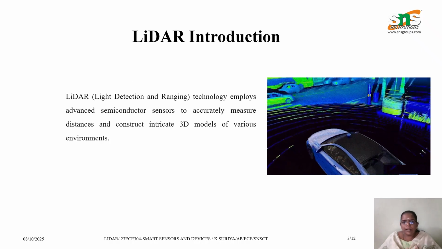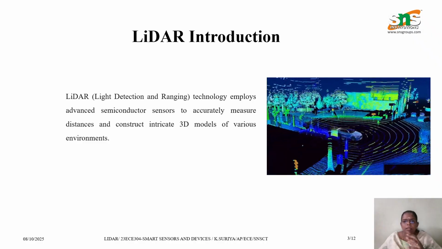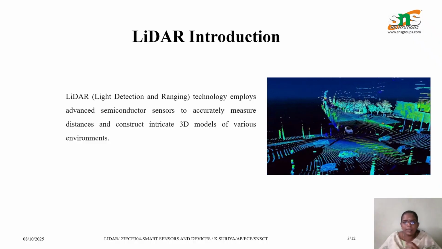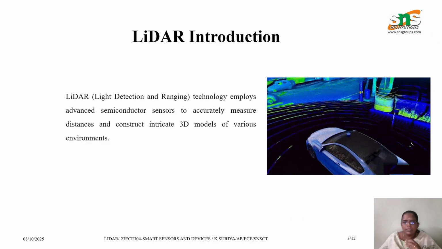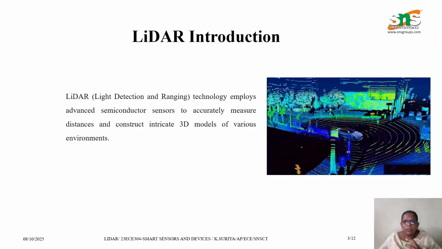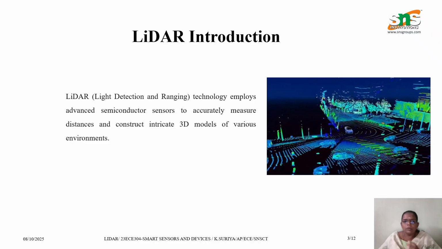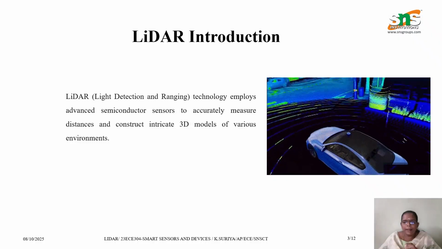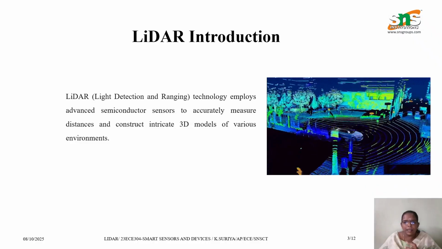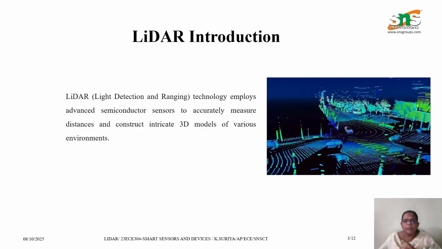LiDAR stands for light detection and ranging, which is a remote sensing technology that uses laser light to create a 3D representation of the Earth's surface and objects. It is similar to radar, which uses radio waves, and sonar, which uses sound waves. But LiDAR uses light, specifically pulses of laser light, to measure the distances to a target.